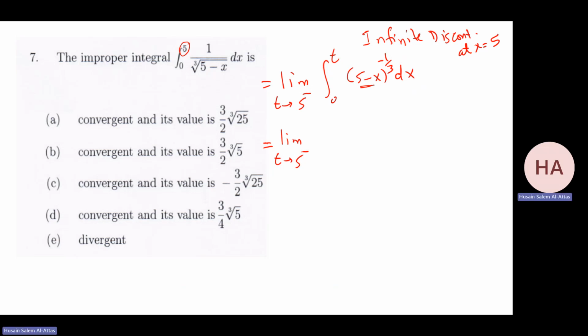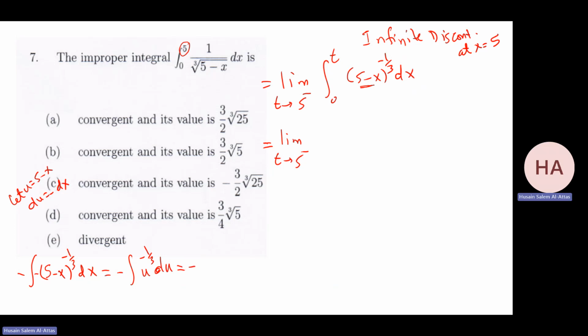I can do it in steps. Let me do the integration here: the integral of (5 minus x) to the power minus 1 over 3 dx. I let u equal 5 minus x. du will be minus dx. So I have minus and minus, so that will be minus the integral of u to the power minus 1 over 3 du.